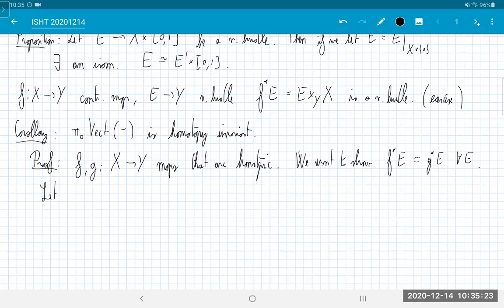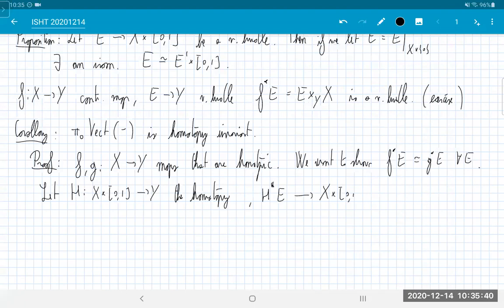Well, let H from X times [0,1] into Y be the homotopy. Then H upper star of E is a vector bundle.